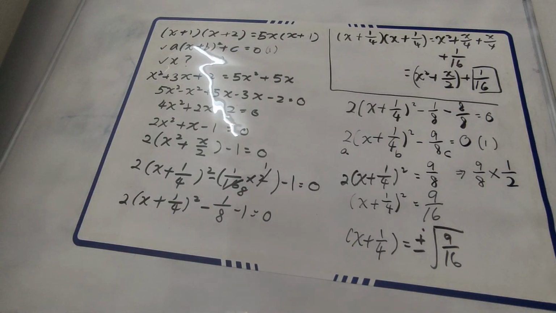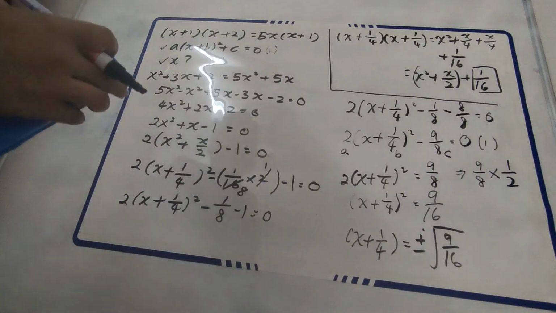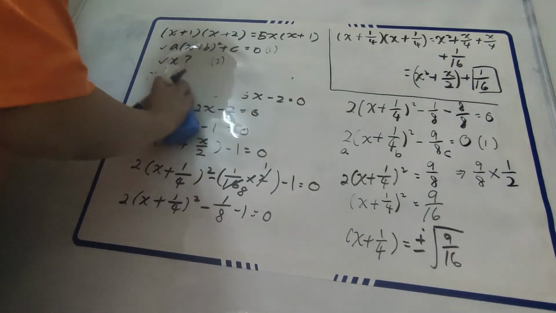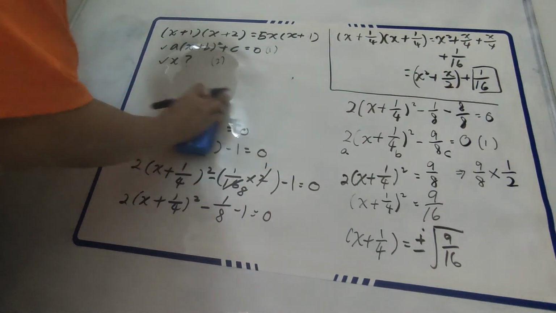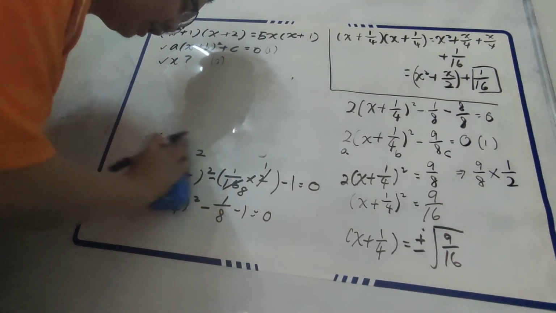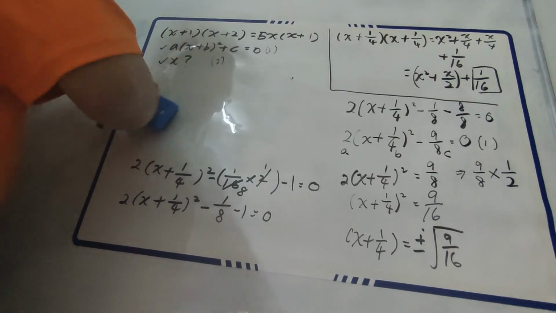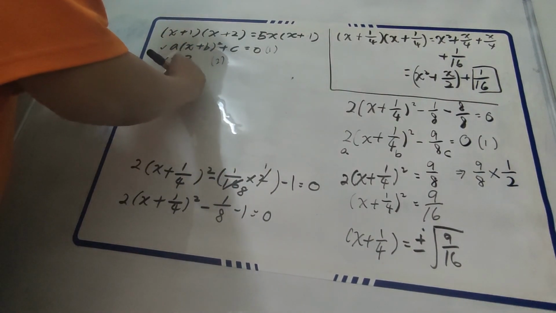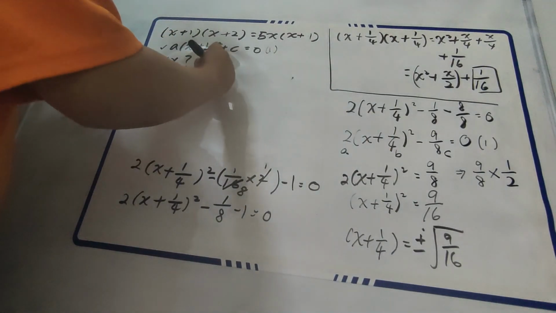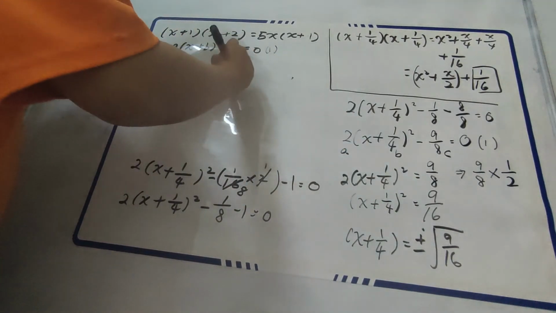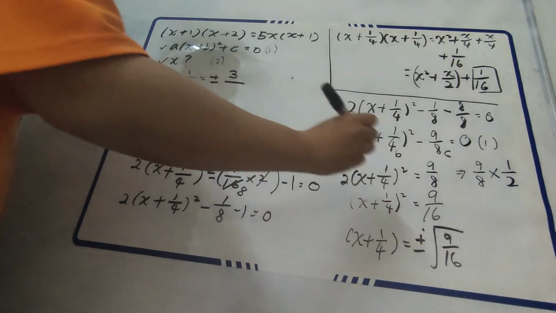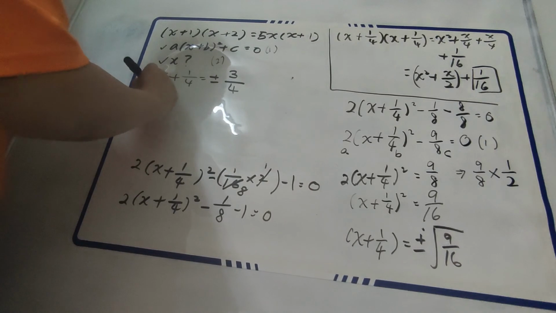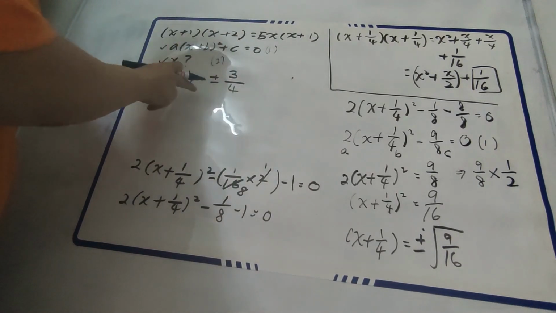Okay, now I try to remove some part of this equation. So continue. So you have x plus quarter equals plus and minus square root of 9, which is 3, square root of 16, which is 4, and then x is equal to, okay, here very simple already.